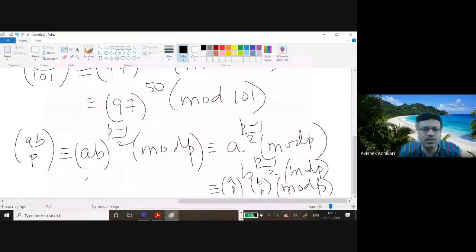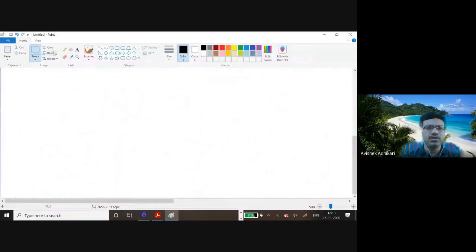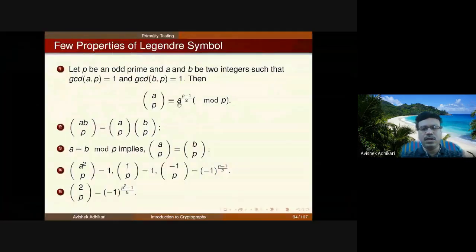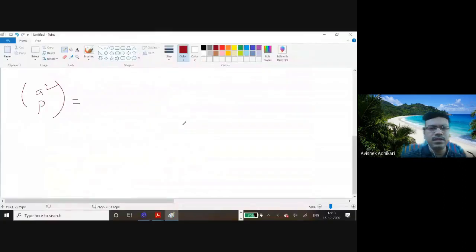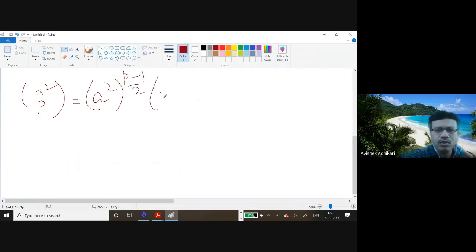So how to prove (a square/p)? This is also very easy to prove. You don't need to prove anything. As I mentioned, you just put it here. So a square to the power (p minus 1) by 2 modulo p.